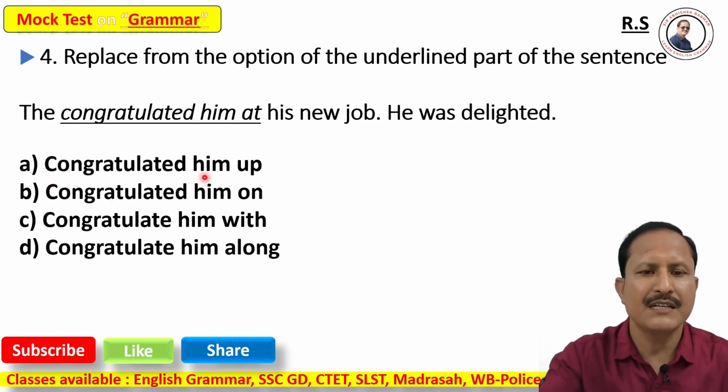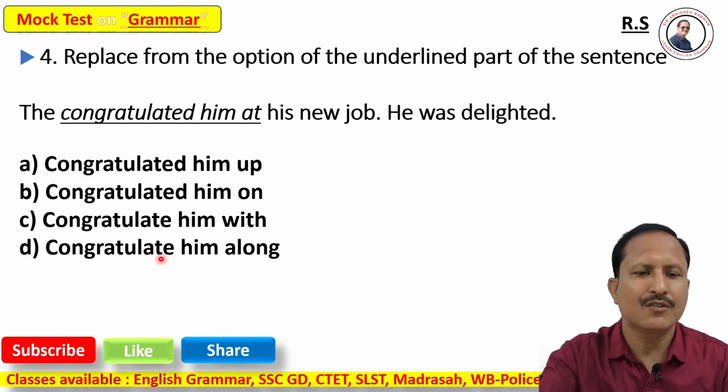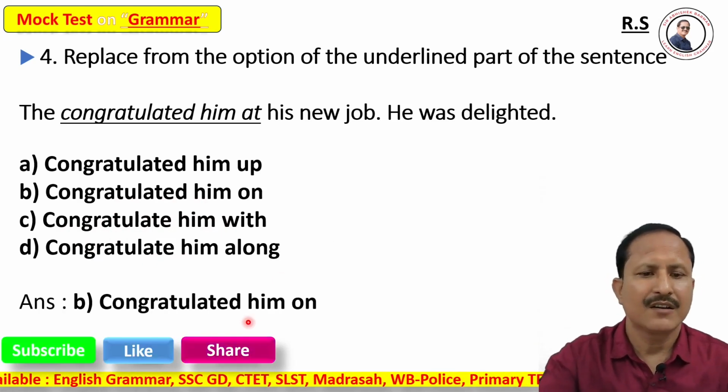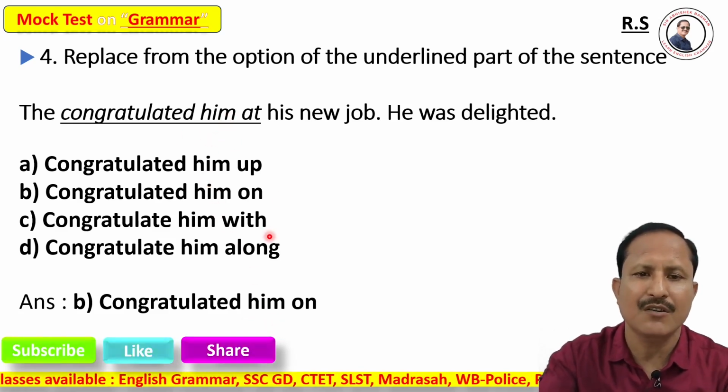Option A, congratulated him up. Option B, congratulated him on. Option C, congratulate him with. Option D, congratulate him along. The right answer should be congratulated him on. Congratulate should be followed by the preposition on.